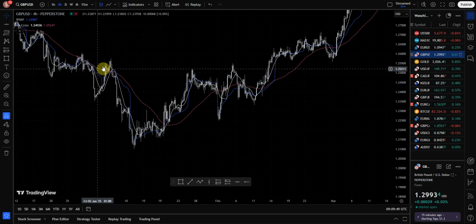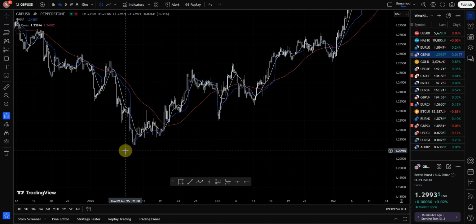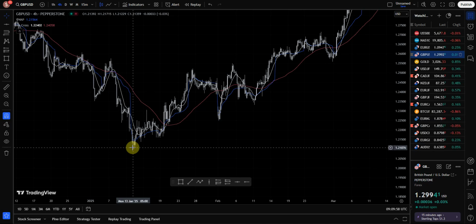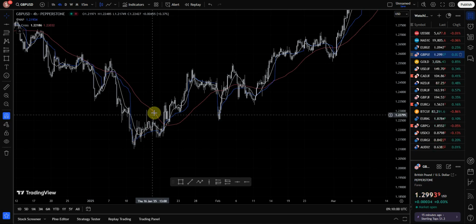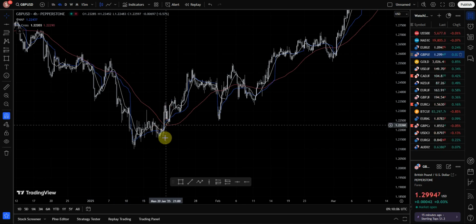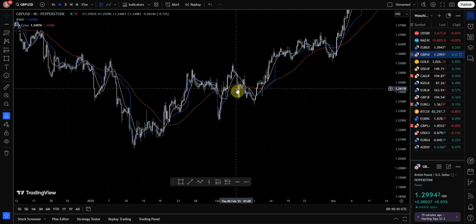Like here, this is a bearish trend, a selling trend, and then we have this buy setup. You can still take a buy setup, but keep it at the back of your mind that the buy setup is going to be short term, not long term, unless you have a breakout like the one you have here. So as we had this breakout, we started a bullish trend. You understand?